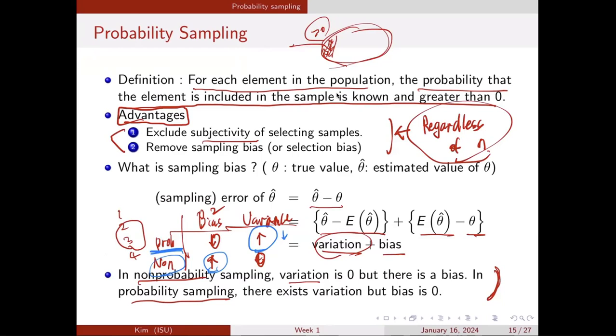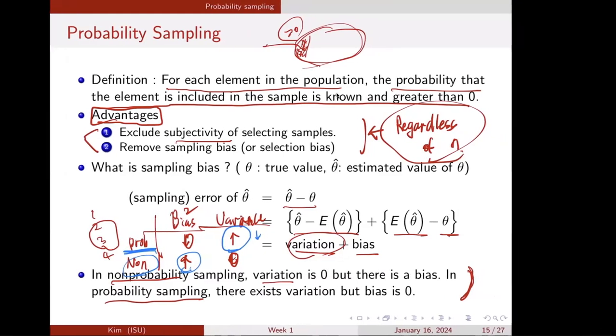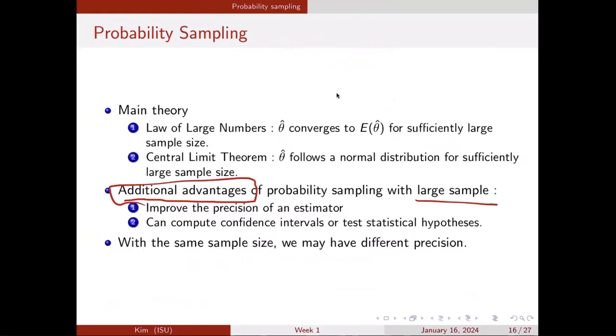And also you can exclude the subjectivity, even with a small sample size. But to be useful, we need an additional thing. We need more, which is achieved if we increase the sample size.